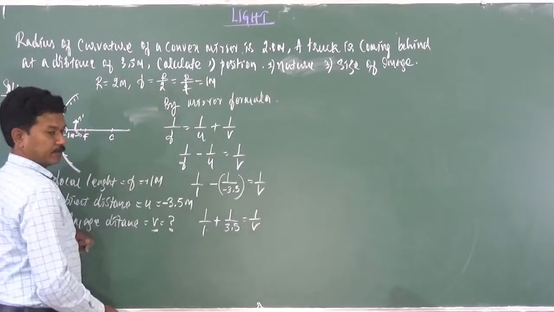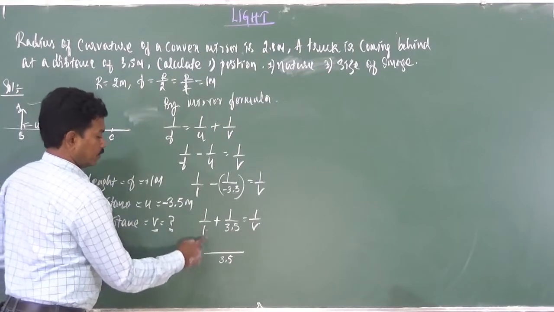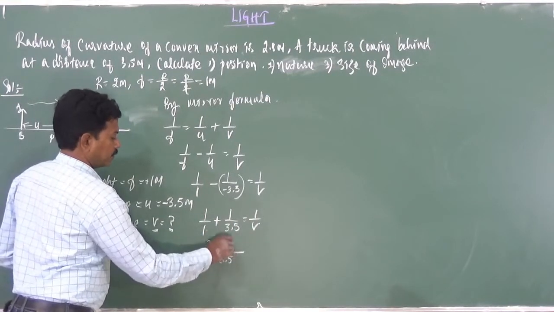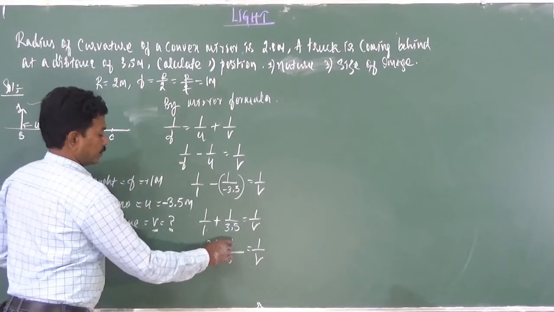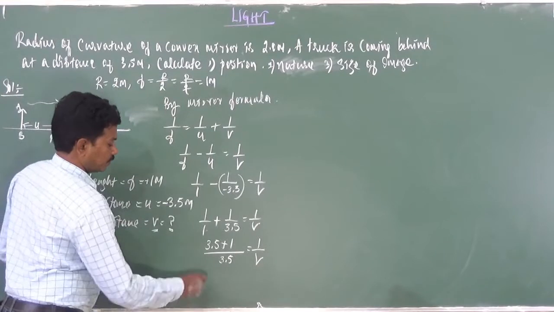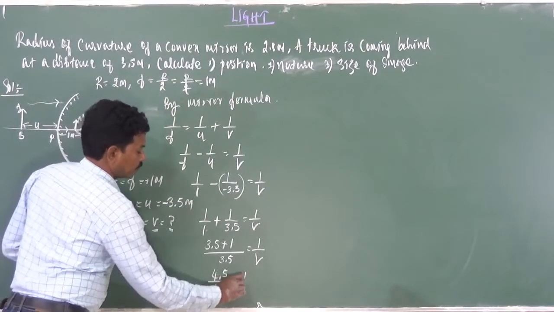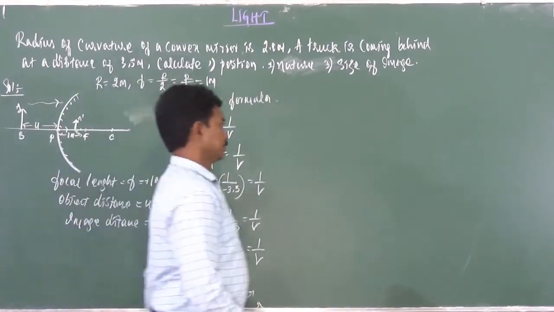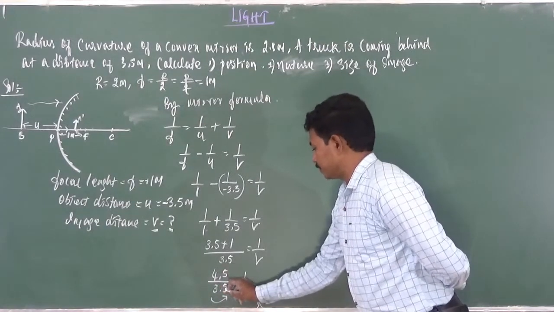Let us take the LCM for 1 and 3.5. So 3.5 becomes the LCM. 1 by 1 into 3.5 is 3.5 plus 1 by 3.5 into 1 is 1. So it is equal to 1 by V. 3.5 plus 1 is 4.5. So 4.5 by 3.5 is equal to 1 by V. Let us take the reciprocal on both sides. 4.5 is there, 3.5 is there.